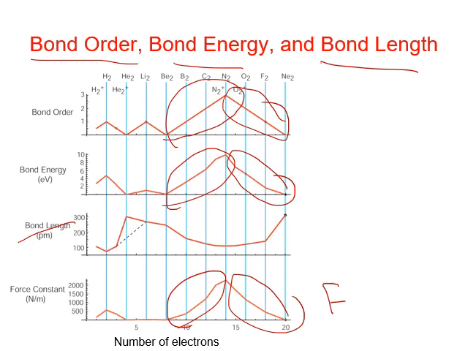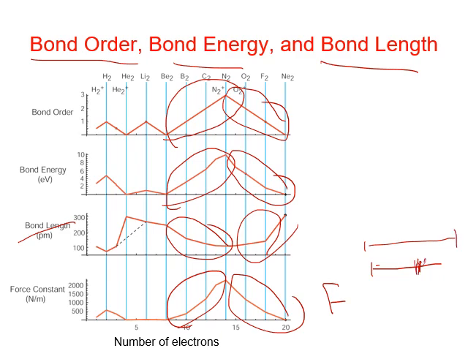When bond order increases, the bond length decreases, and when the bond order decreases, the bond length increases. This is because a stronger bond is shorter, and a longer bond is a weaker bond. So when the bond is long, it's weak.